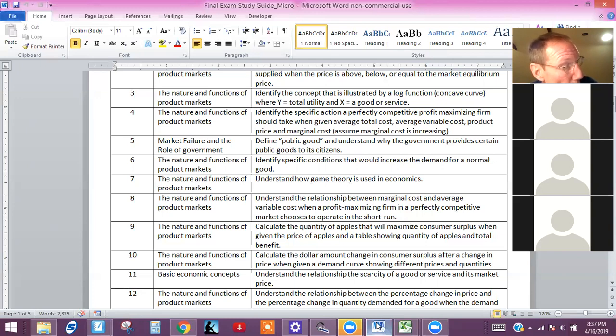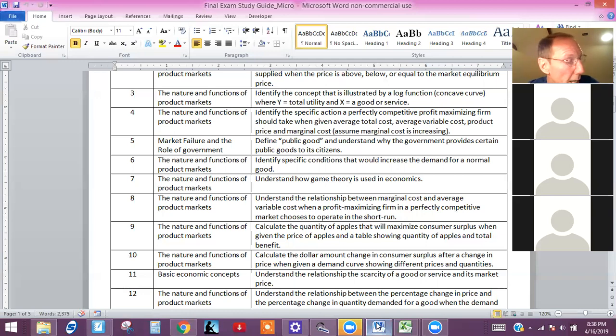So we maximize consumer surplus when our marginal benefit equals marginal cost. Okay, so that's the key right there.